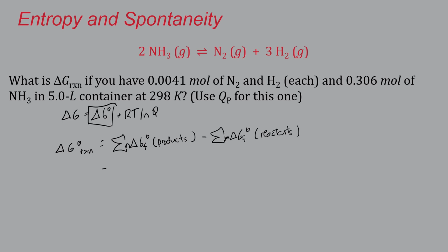And what you'd find is this actually is not particularly difficult, because you will find that for the products, they're both 0 kilojoules per mole because they are elements in their preferred state. So the free energies of formation have exactly the same definition.